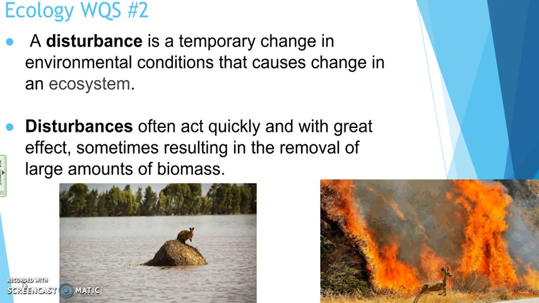Biomass is things that were once alive. They cover the forest floor, the rainforest floor, depending on what ecosystem you're talking about. Disturbances are like forest fires and flash floods, things that happen quickly, and they cause some amounts of damage, but the majority of the time, a lot of the animals usually live.